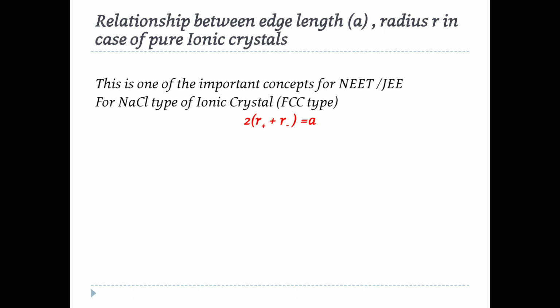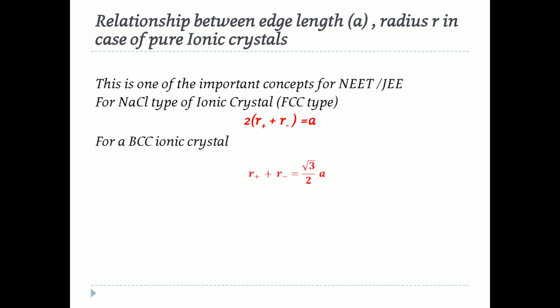We know that octahedral voids are present at the center of the edge. Now imagine an edge where at the corners there are 2 chlorides and at the center there is Na plus. So what will be the edge? R minus for chloride, R plus for Na, R plus for Na, R minus for chloride. So an edge length A is equal to 2 into (R plus plus R minus).